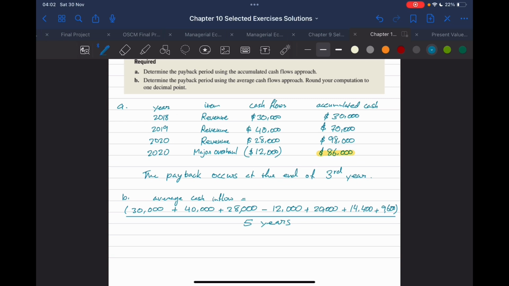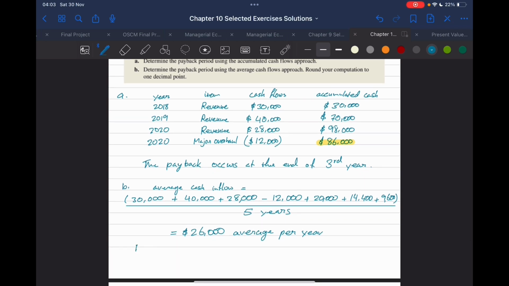That's equal to 130,000 divided by 5, and that's going to be $26,000. So this equals $26,000. This is the average per year, the average cash inflow per year.